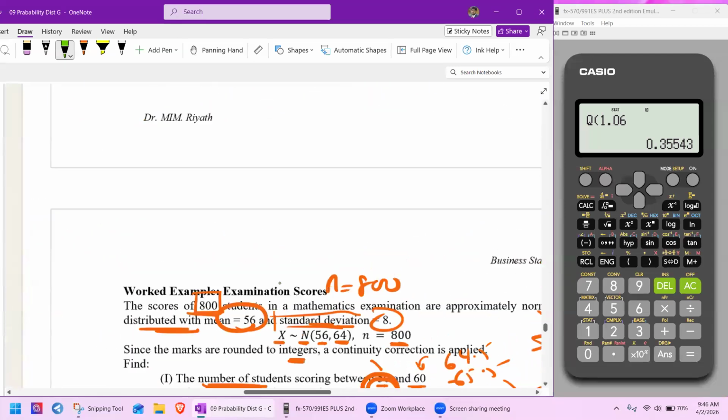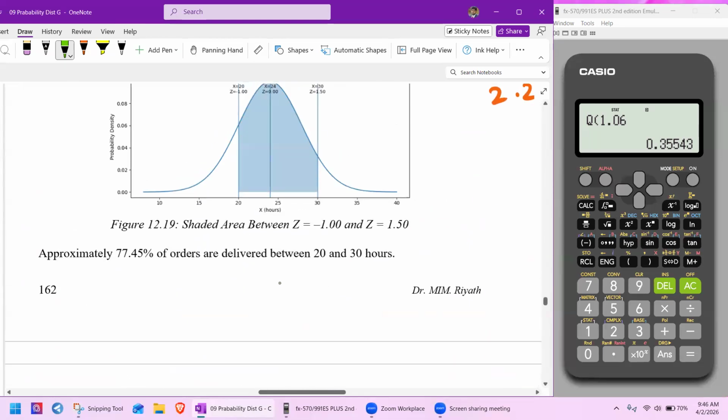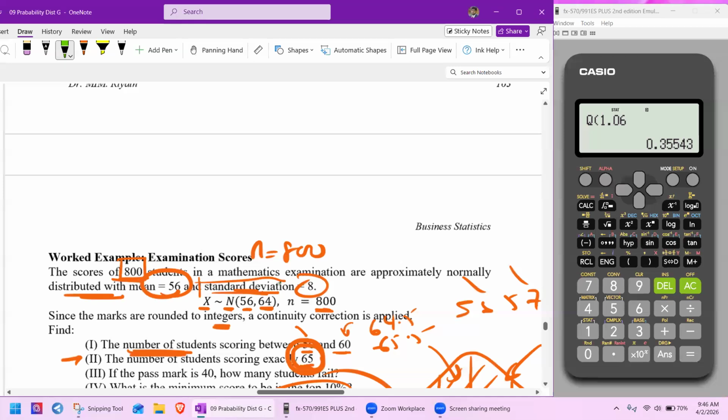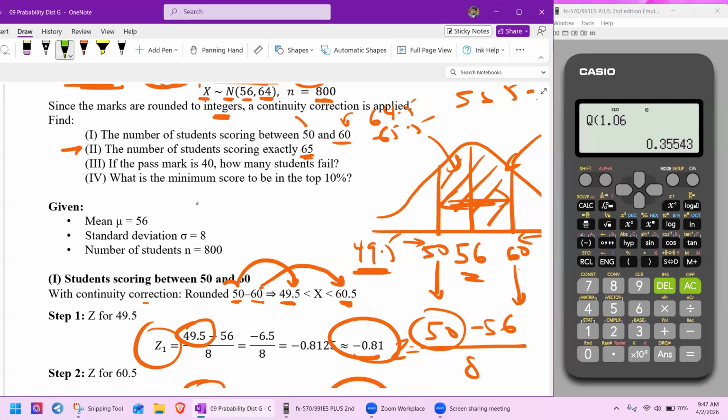Then another question. This is how university admission cutoff is selected. What is the minimum score to be in the top 10%?